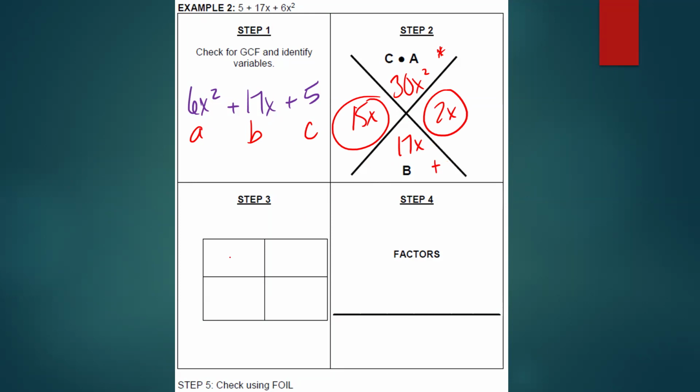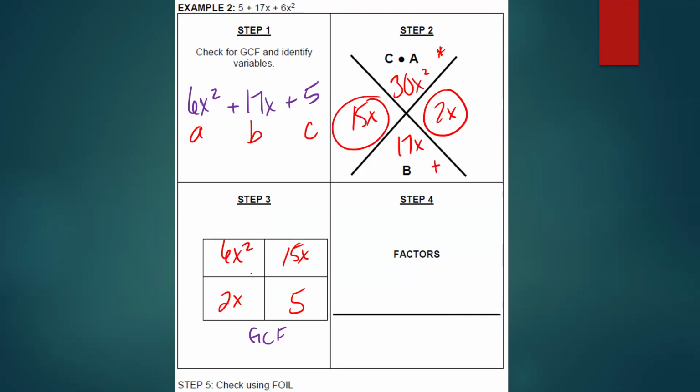In the box, your first box is always your A term, your first term, which is 6x squared. Your last box is your last term, which is your C term, which is 5. Your diagonals are always the x's that made it work. So the x's that made it work are 15x and 2x. It does not matter which box you put those in. Now you're going to do GCF, greatest common factor across the box.